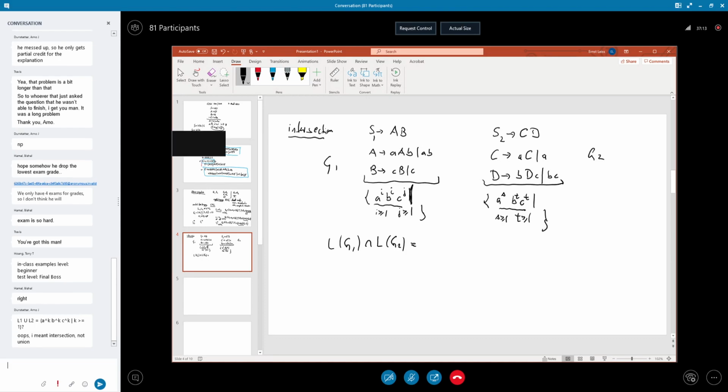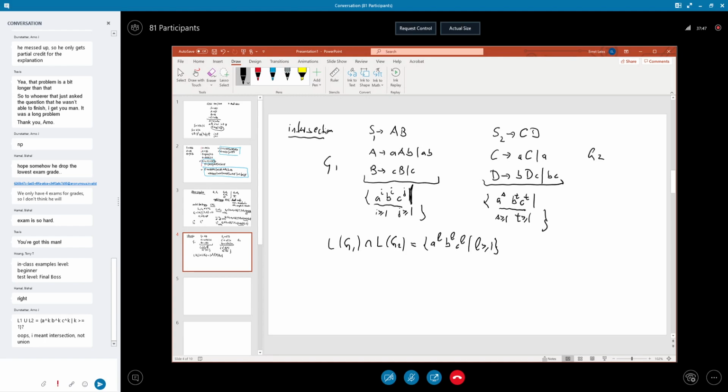If it is in the second language, then the number of B's has to be equal to the number of C's. And any word that is in the intersection has to be in both of them. So that means we're looking at a to the l, b to the l, c to the l, l greater or equal to 1. Correct?